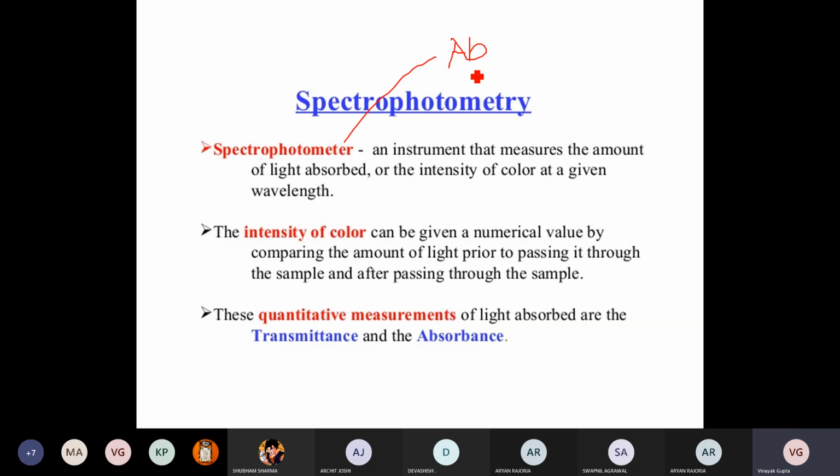If you have any solution and you want to see how much light can be absorbed by it, you can use the spectrophotometer. Or if you have different samples with different colors, even the intensity of that color can be quantified by the spectrophotometer. There are two things, transmittance and absorbance, and based on that we will be able to tell the concentration.